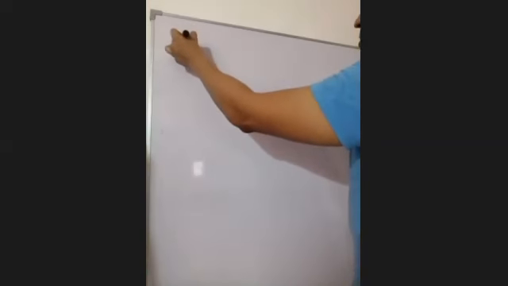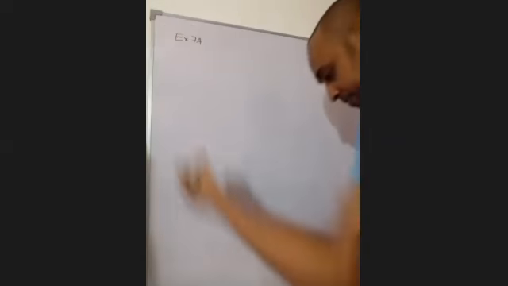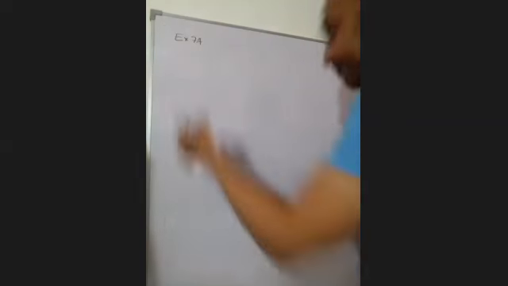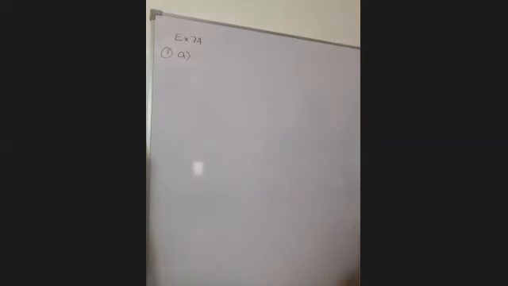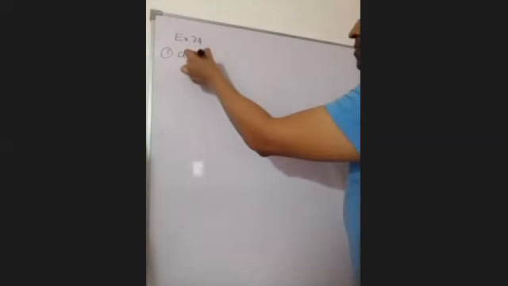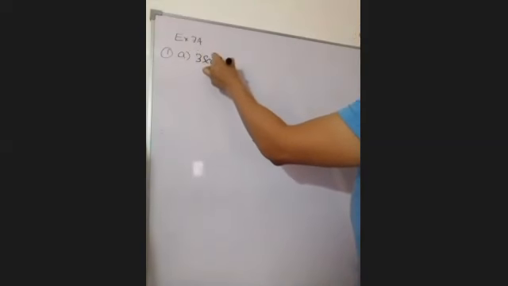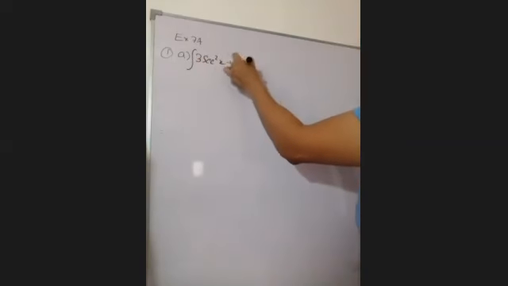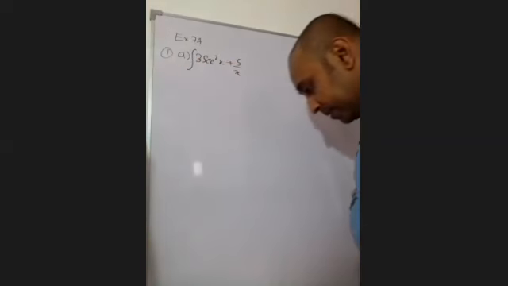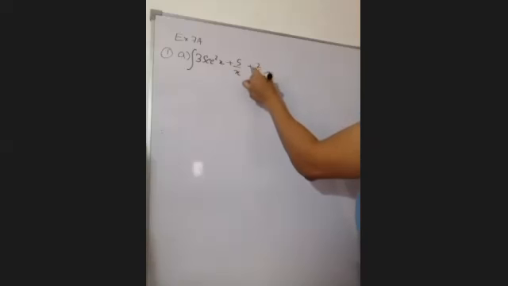So then the next, if you have come up with the exercise 7a, exercise 7a, question number 1, part A. The integration of 3 sec squared x plus 5 over x plus 2 over x squared.